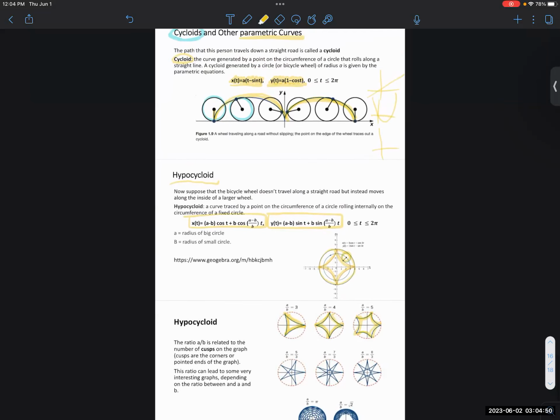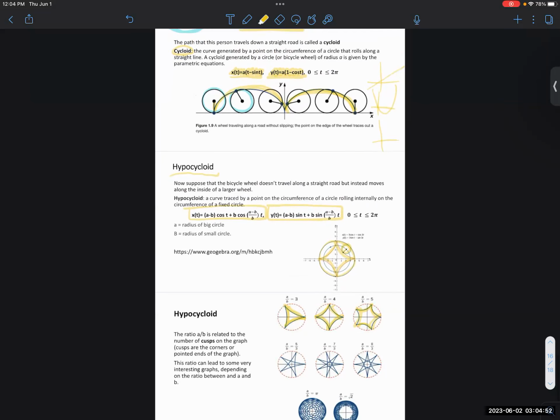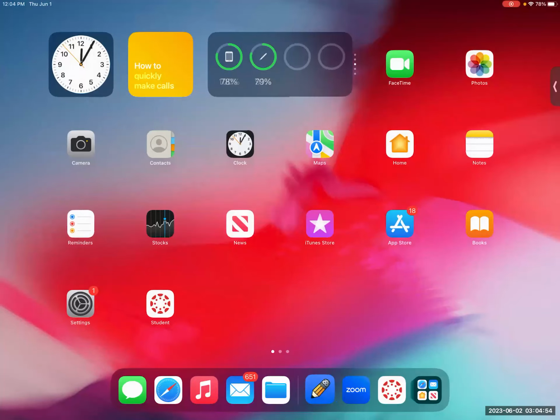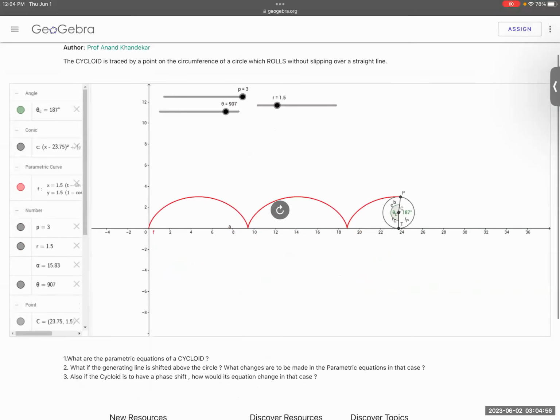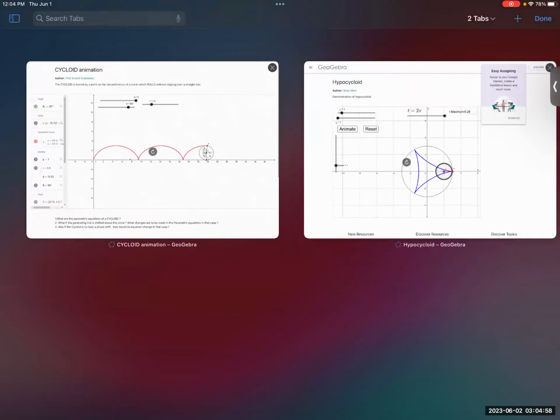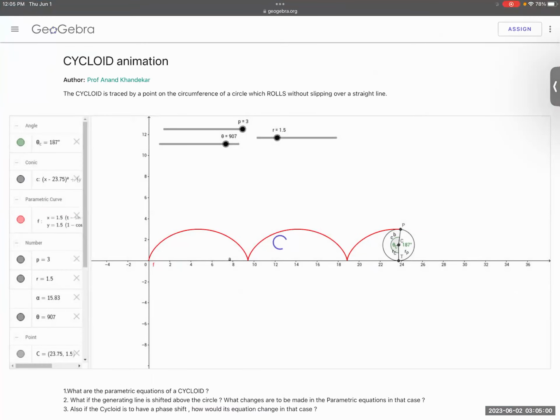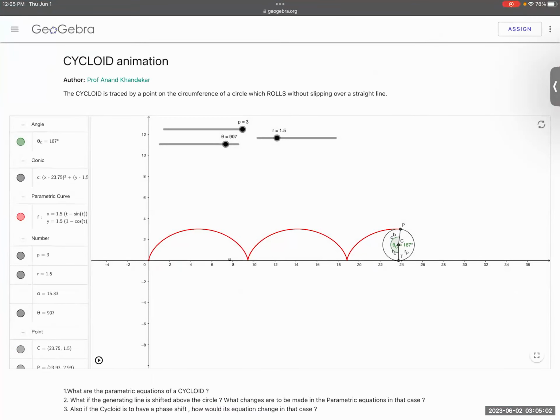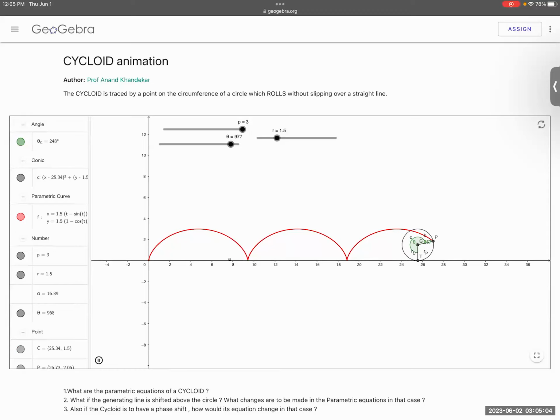I'm going to go to the animation I want to share with you. Let me show you this one. Let's say this is a bike and you're rolling the bike wheel. You see that they're creating the red line.